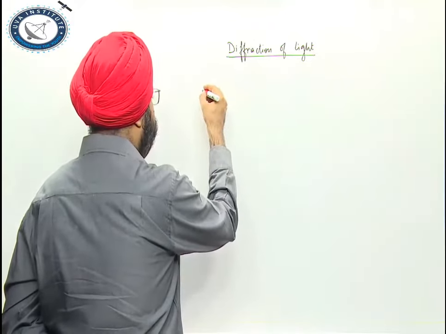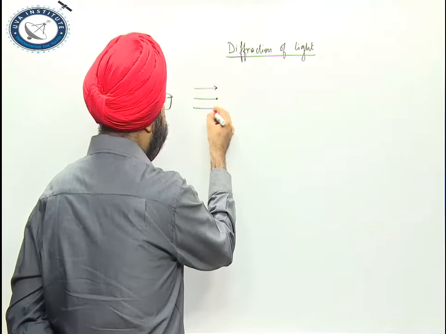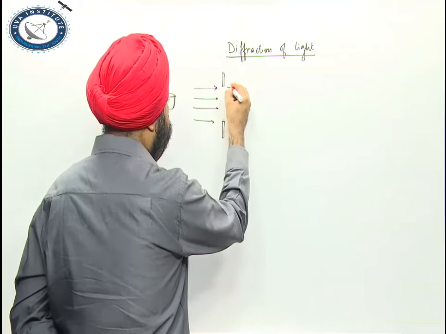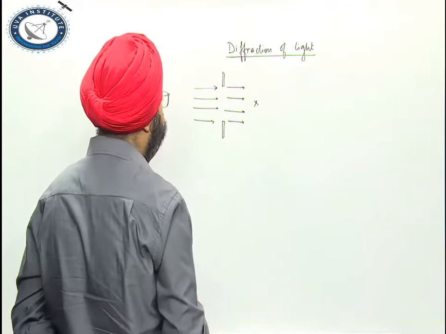Let us say these are the rays which are coming, parallel rays, and when they pass through a slit, the rays are still parallel, so there is no question of diffraction.